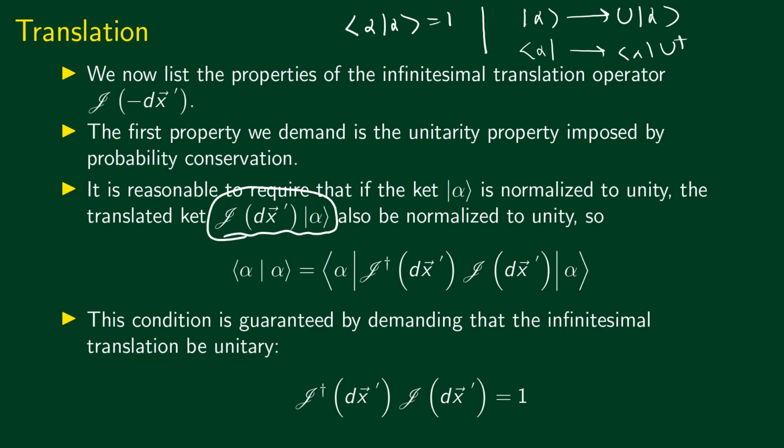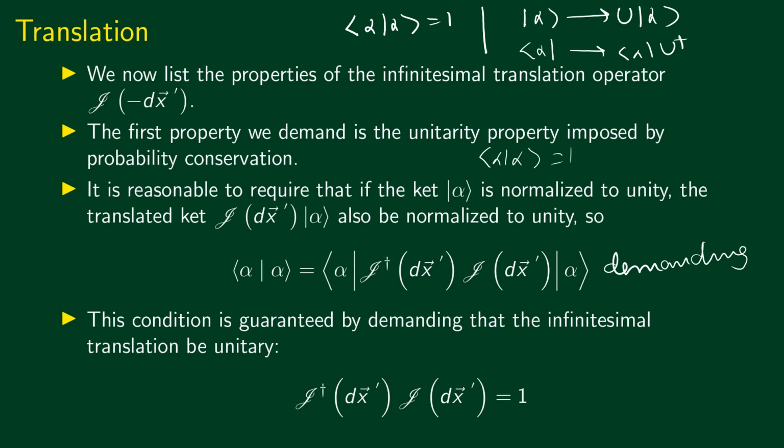We want bracket alpha alpha to be equal to the inner product between the translated states. This is the translated ket, and this is the corresponding translated bra. This is the condition that we demand: that this does not change, or that inner products in general are preserved.